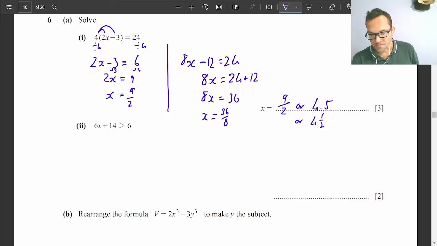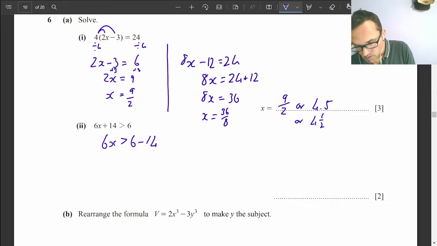Okay, 6a part 2. Don't let the sign throw you off. We do the same thing here. We subtract the 14. Subtract 14 from both sides, or do 6 minus 14. What would that be? Minus 8, of course. And then divide by 6.